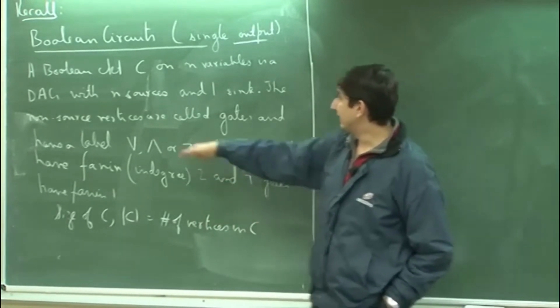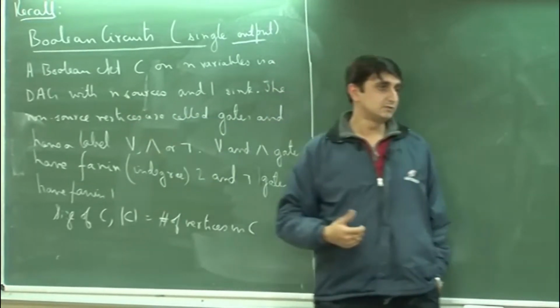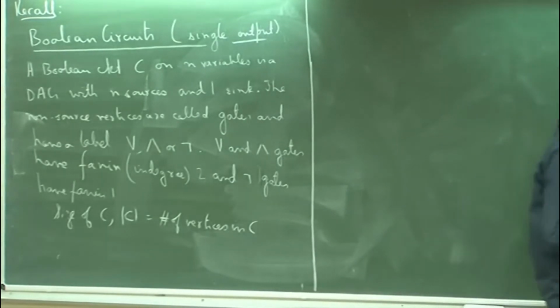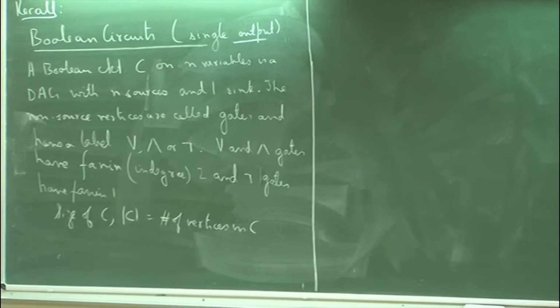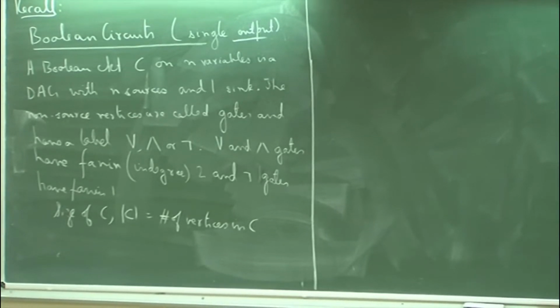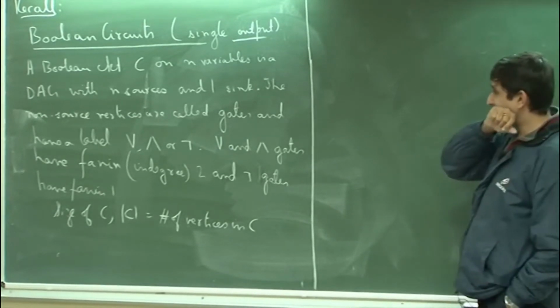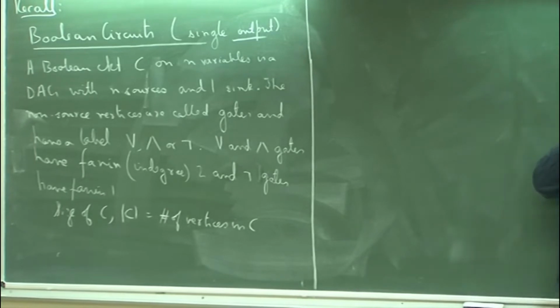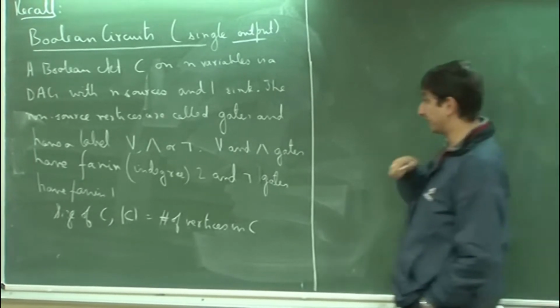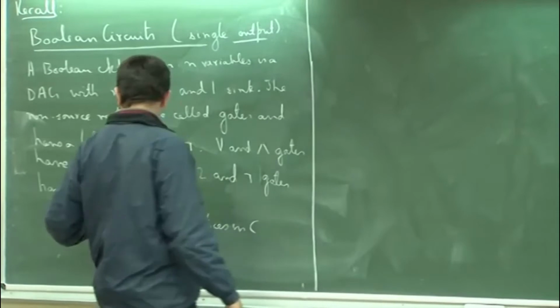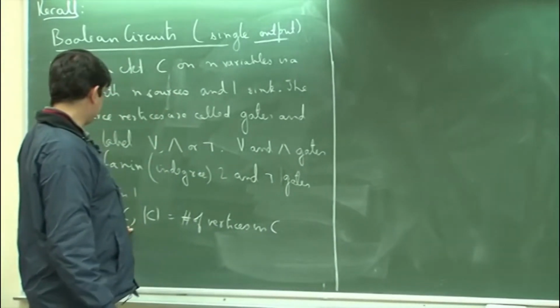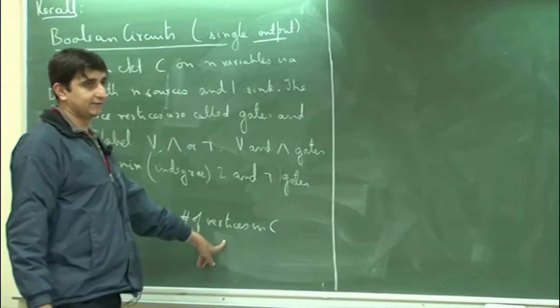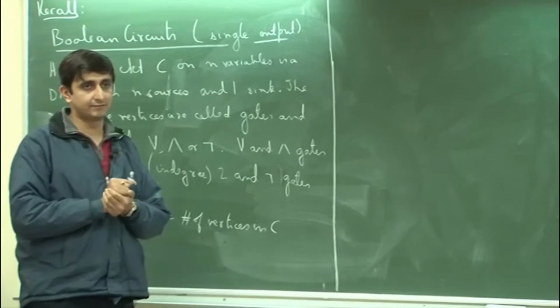The n sources correspond to the n bits of your input string. It is not difficult to generalize this, but let us just have this for the time being. The size of the circuit is basically the size of the graph, that is, how many vertices the graph has.